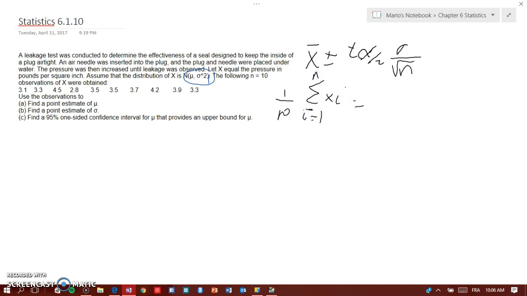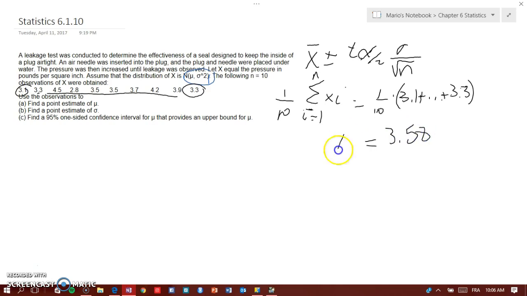And so here we have 1, 2, 3, 4, 5, 6, 7, 8, 9, 10, so 10 numbers. When we add 1 over 10 times 3.1 plus everything else all the way to 3.3, you would get an x bar of 3.58.